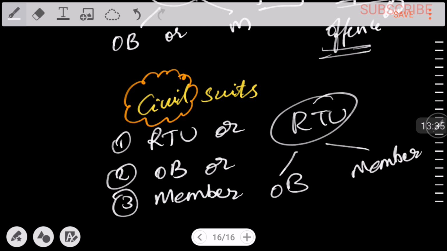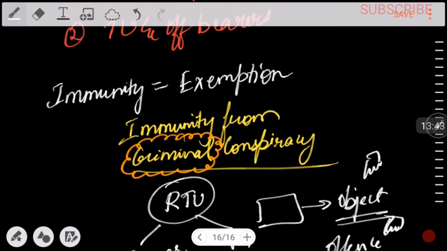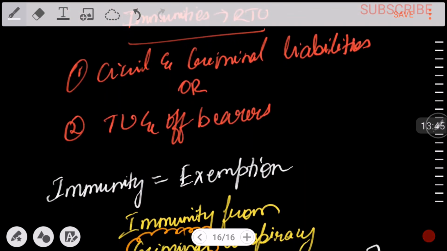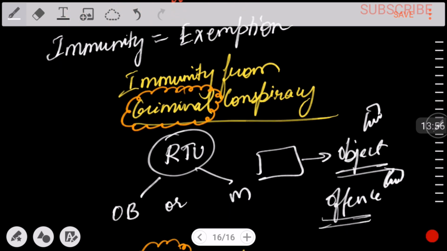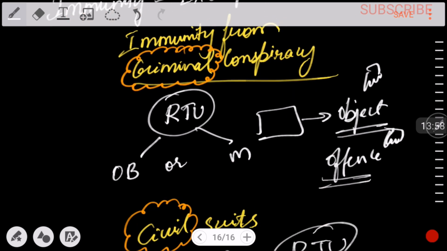The immunity applies exclusively on the ground that their act is in interference with trade or business or employment. I repeat, we are discussing immunities provided for registered trade unions. Immunity means exemption from any obligation.